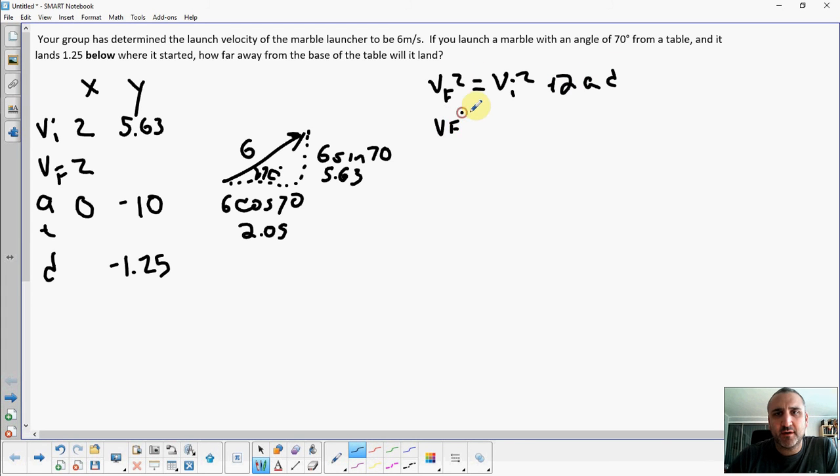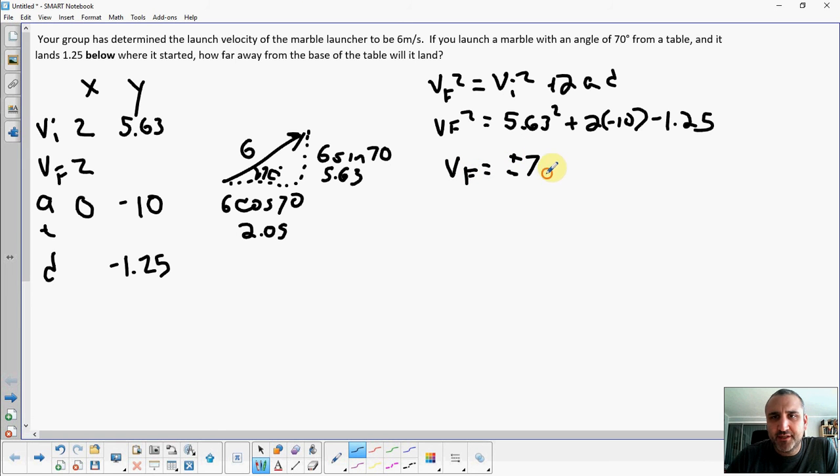So VF squared equals VI squared, which is 5.63 squared, plus 2 times negative 10 times our displacement, negative 1.25 meters. If we add all this together and take the square root, we should end up with a final velocity of plus or minus 7.52 meters per second.